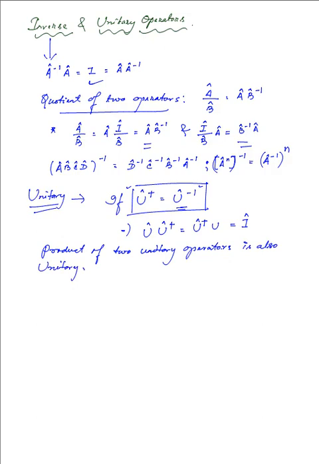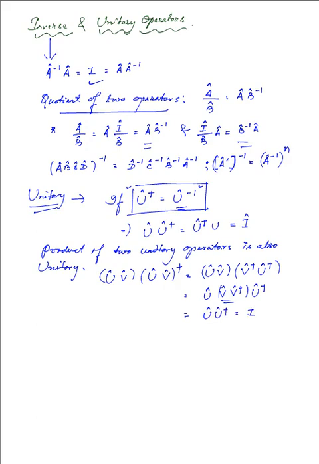That means if we have U and V as the operators, then UV with its adjoint multiplied to it, we get UV, and the adjoint, as you know, when the operator goes the other way around, so V adjoint U adjoint, and that gives us U V V adjoint and then U adjoint. V with the adjoint of V is going to be the unit operator because that's a unitary operator, and U with U adjoint is also going to give us a unit operator because that's also a unitary operator.